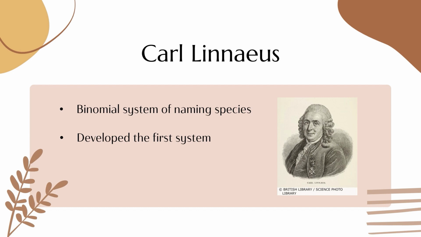When writing a scientific name, the genus name is written first and starts with a capital letter, and the species name is written second and starts with a small letter. The scientific name ought to be printed in italics when typed and underlined separately when handwritten. The tiger belongs to the genus called Panthera, and the species called tigris.